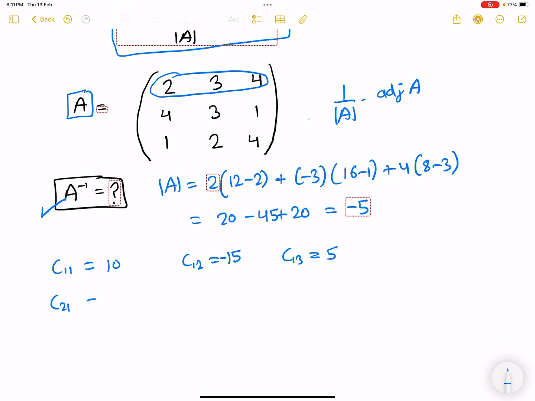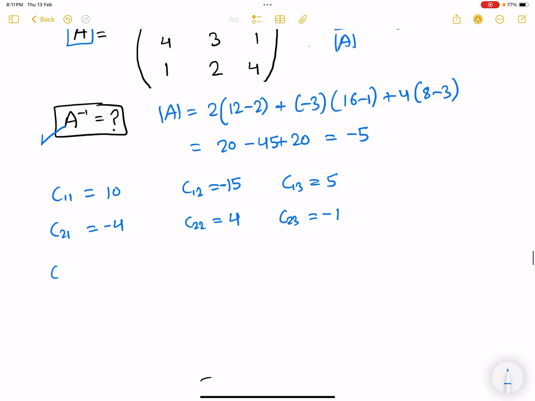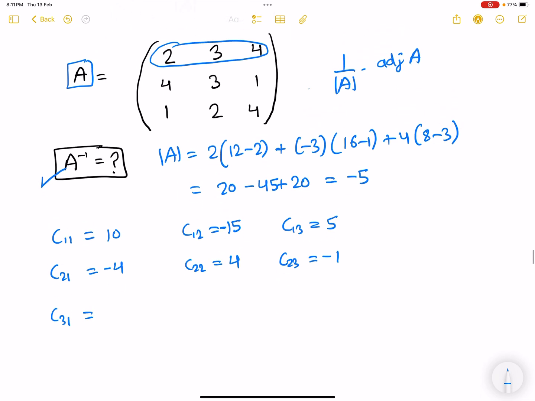C21, 12 minus 8, 4. C22, 8 minus 4, 4. C23 with a minus sign, 4 minus 3, 1. C31, 3 minus 12, minus 9.